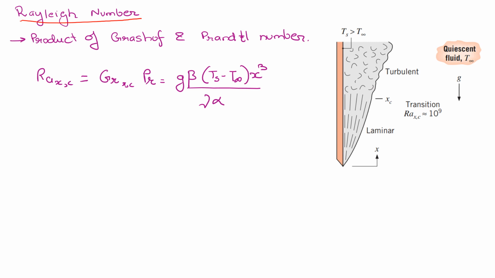The Rayleigh number is a simple product of the Grashof and the Prandtl number. If you remember, in chapter 6 we had defined the Prandtl number.